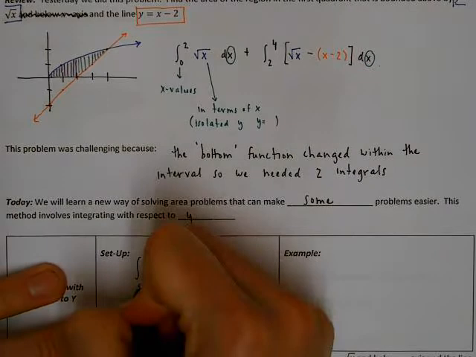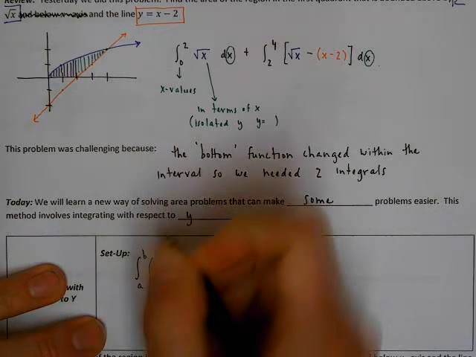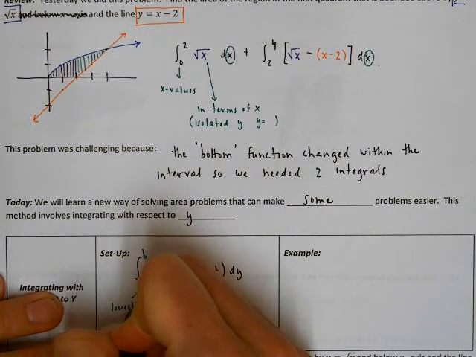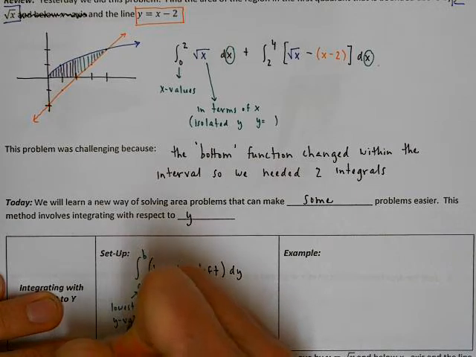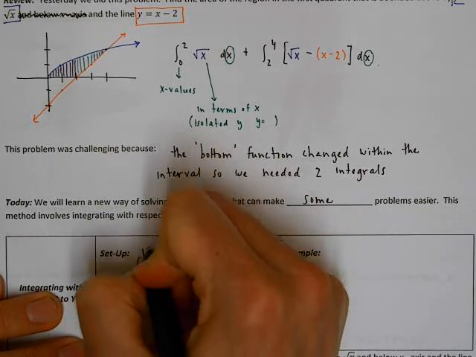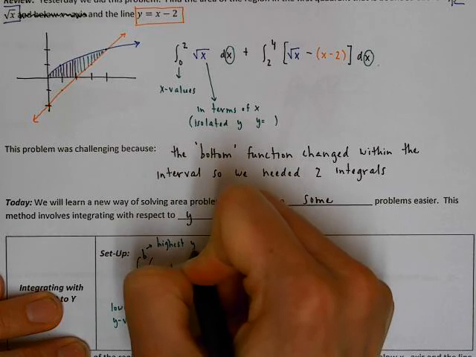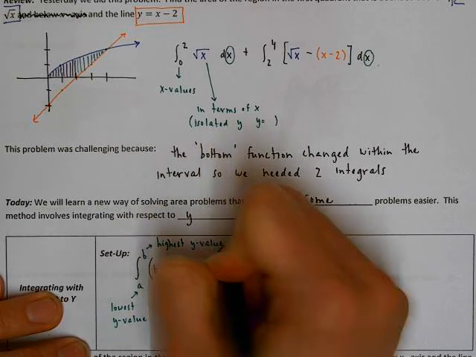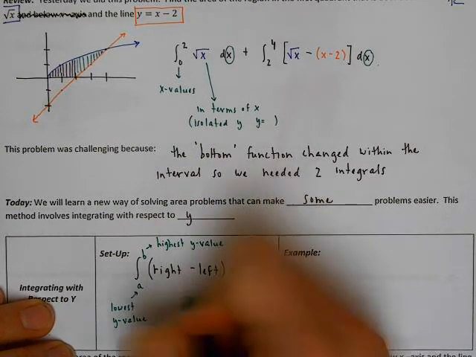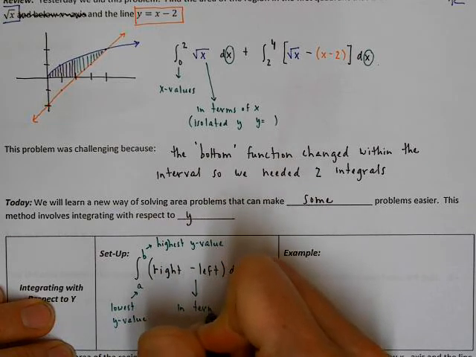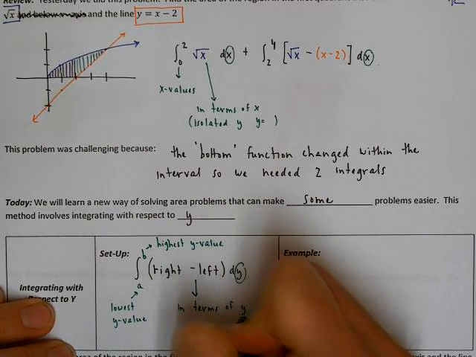Now, when we set this up, our a value is going to be our lowest y value. It's no longer an x value. B is going to be the highest y value. We're going to have a dy, and now our integrand here is going to be in terms of y.